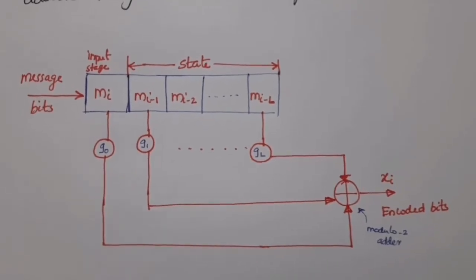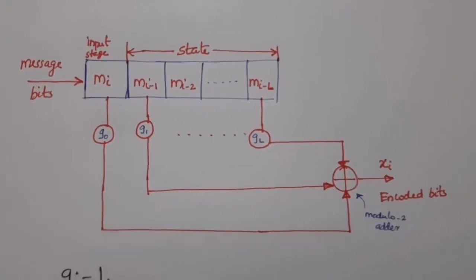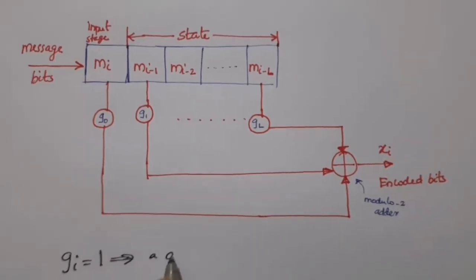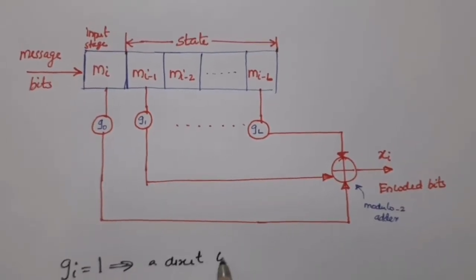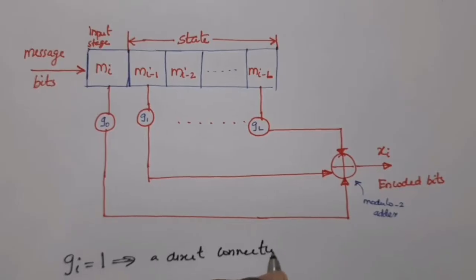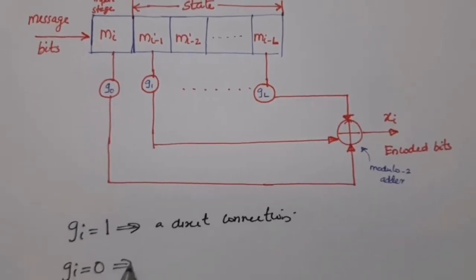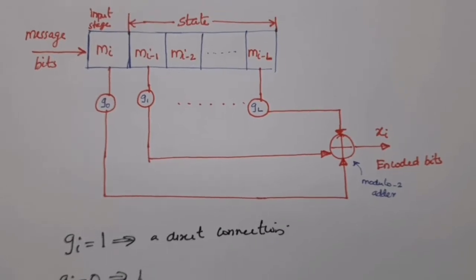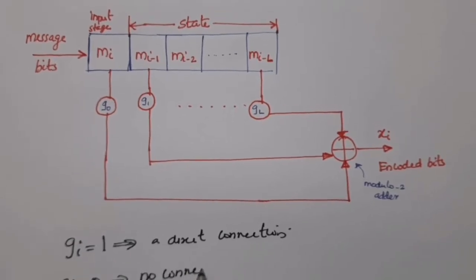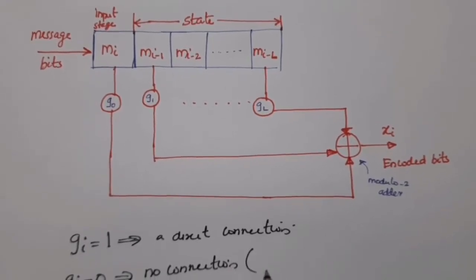Here, Gj equal to 1 means a direct connection. Similarly, Gj equal to 0 means no connection, or open circuit.